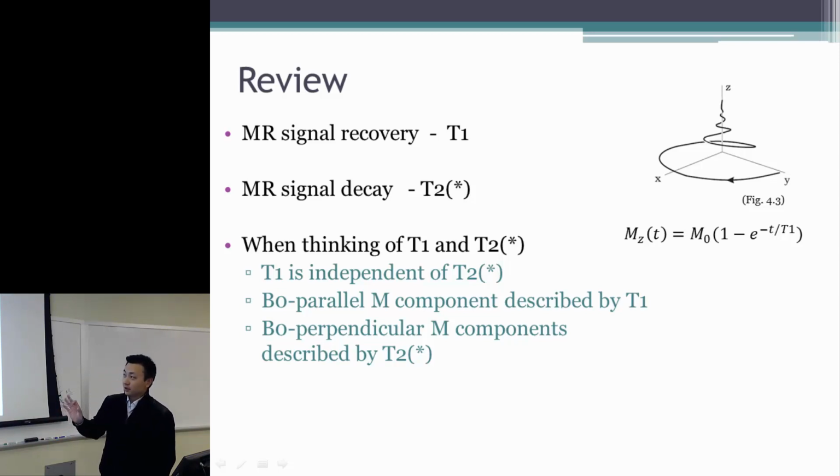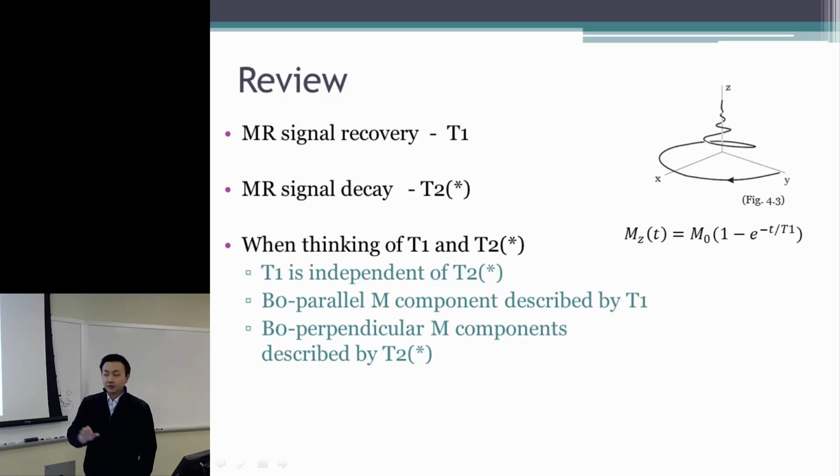When we are talking about T1 and T2, we have to specifically say that T1 only applies to the magnetization components that are parallel to B naught, the external field. And T2 or T2 star only applies to the magnetization components that are perpendicular to B naught and B1.